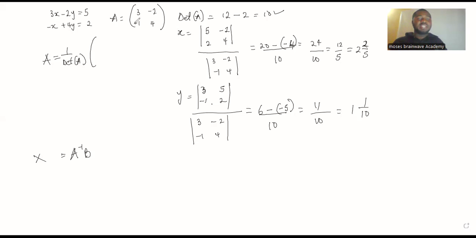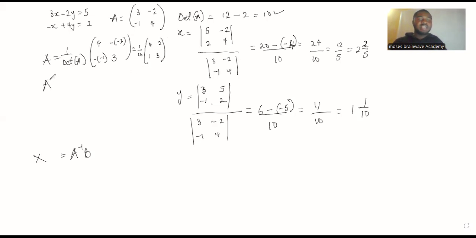Then multiplying, I will interchange this, and negate this. So if I negate this, it is minus 2, right? So we have minus 1. So if I should do that, my determinant is 10. So this is 1 all over 10 into, we have 4, 2, 1, and then 3, right?